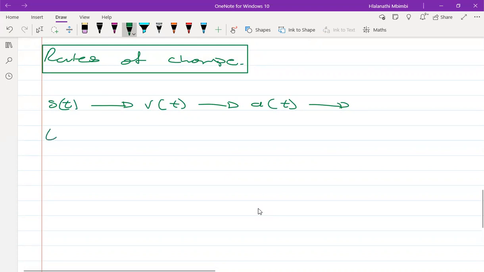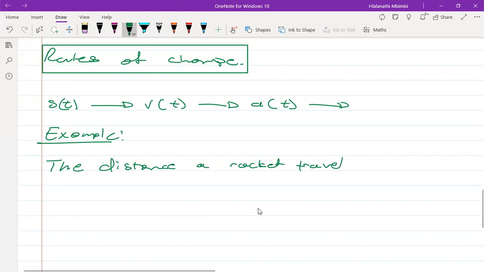So let me do an example on this one. Someone from NASA says the distance a rocket travels in meters is given by the following function.